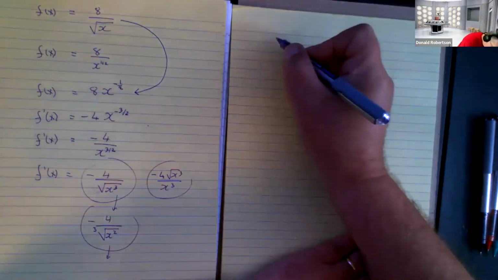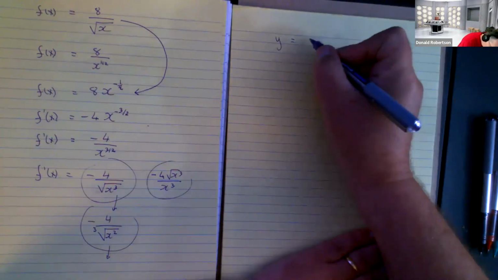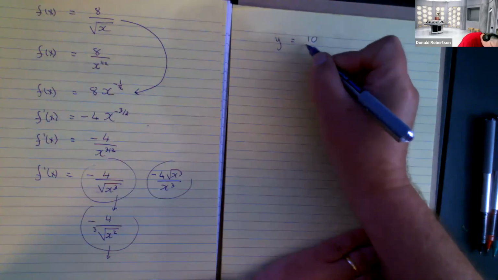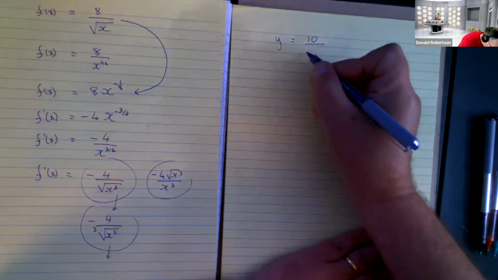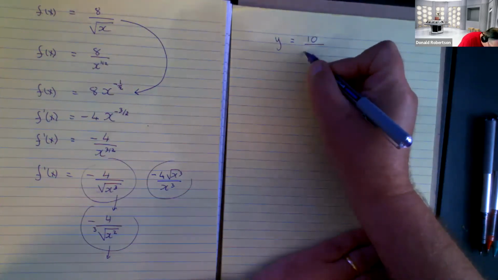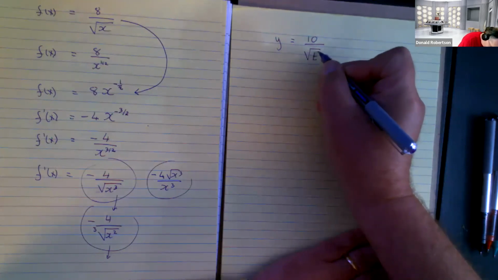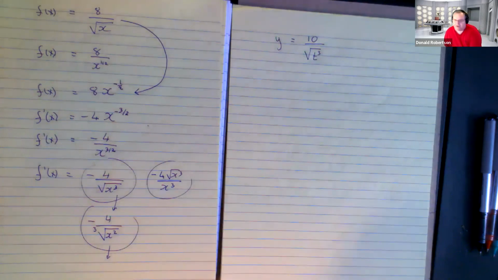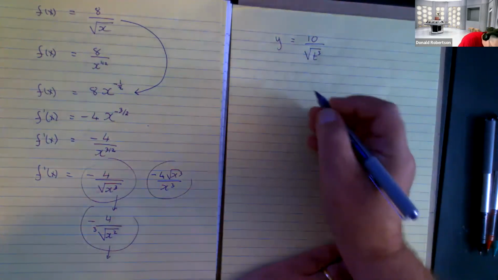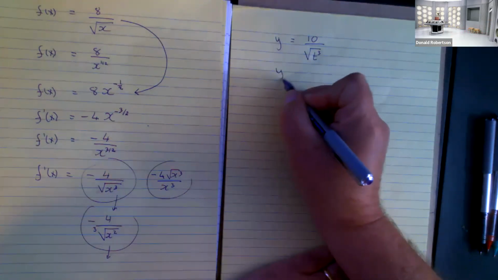Oh, how about y equals 10 over the square root of t cubed? Might as well introduce a new variable. There's no reason why x and y are the only guys in town.